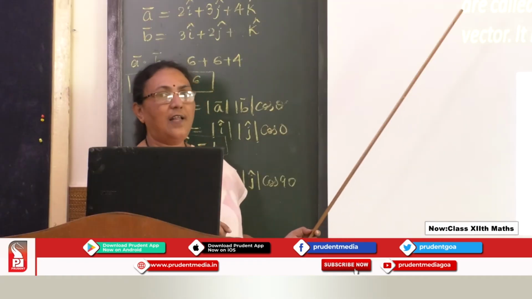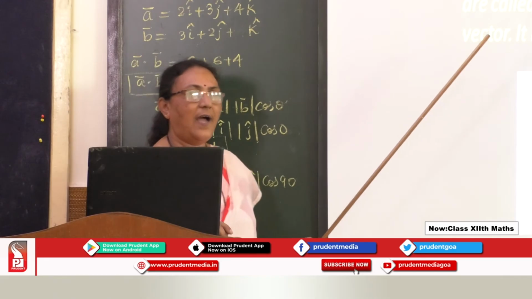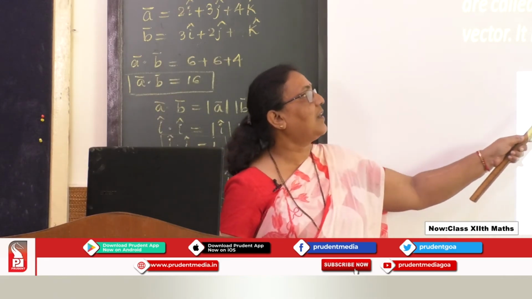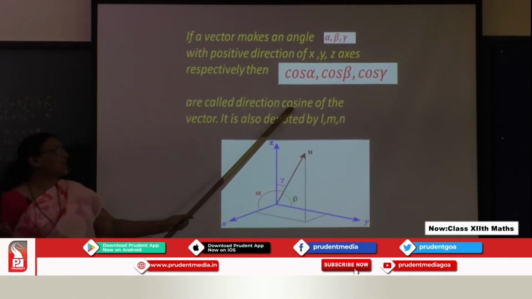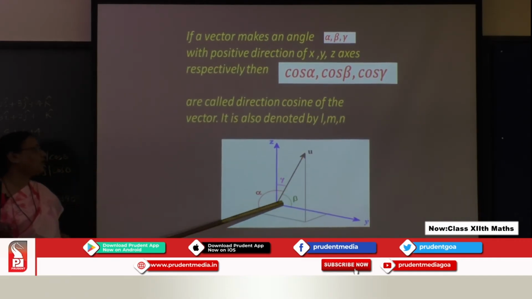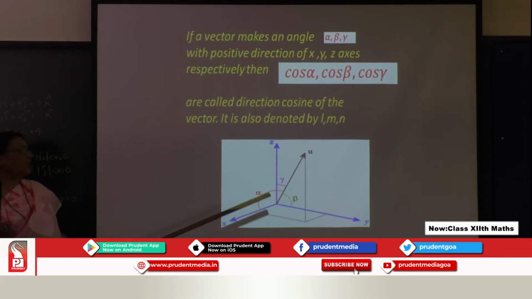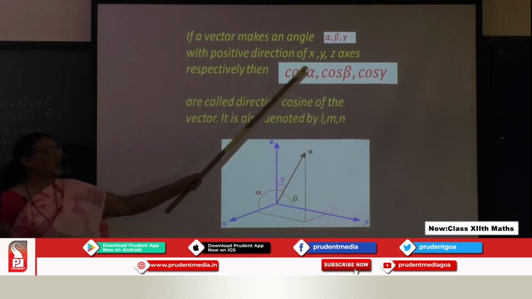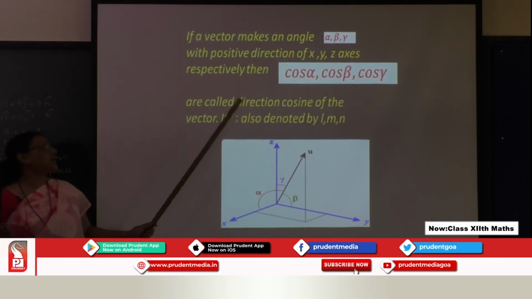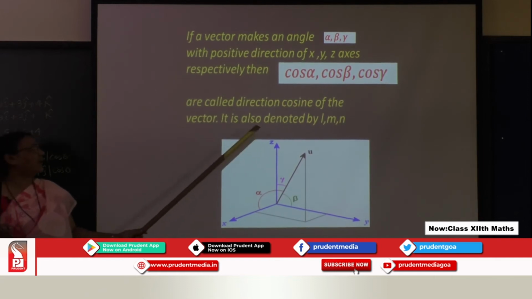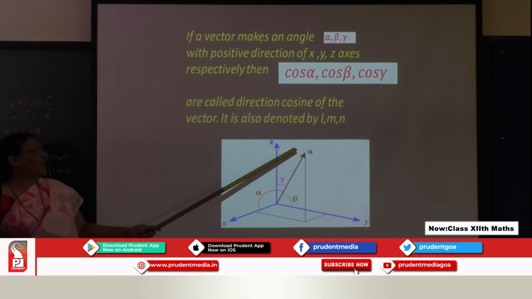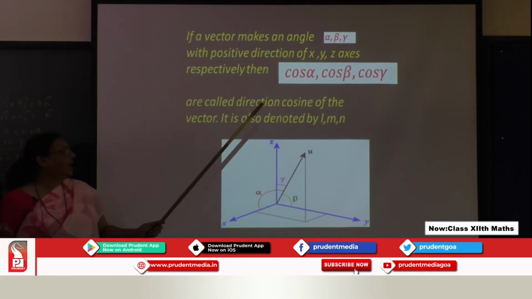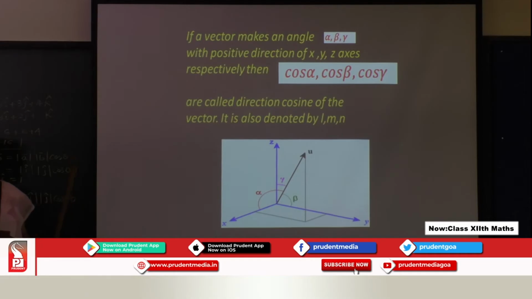Then cos alpha, cos beta and cos gamma are called direction cosines of this vector. Is this clear to you all? Direction cosines are also denoted by l, m and n.